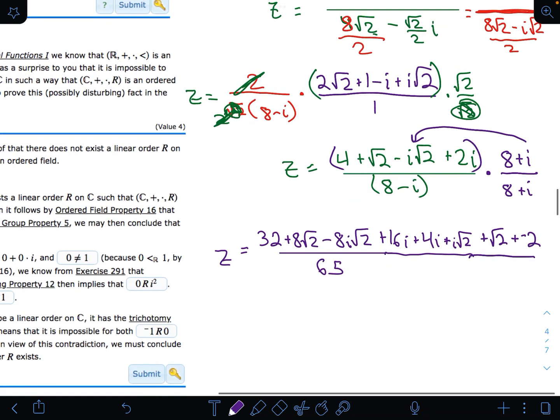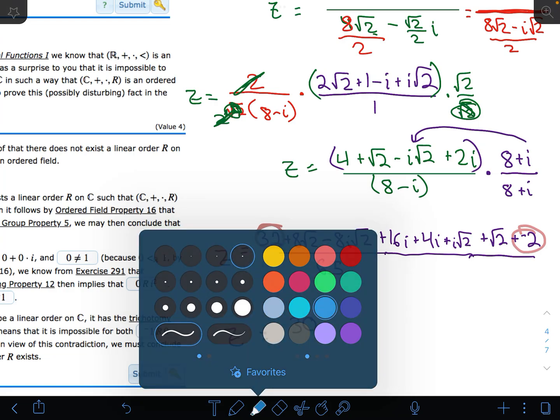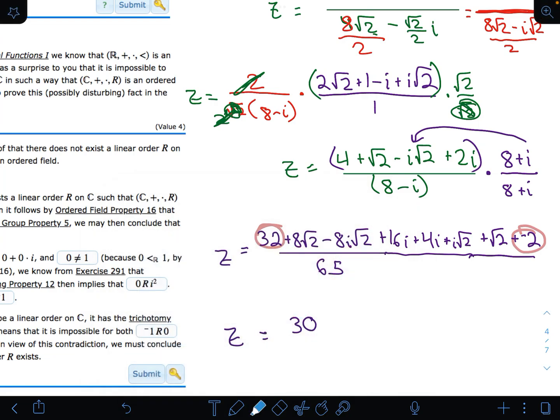And now we'll just go ahead and simplify where we can. Hopefully you've picked up on how 32 and negative 2 is going to equal 30. And what else do we have in here? I'll use a different color highlighter. Let's see, I see an i root 2 right there and a minus 8i root 2.